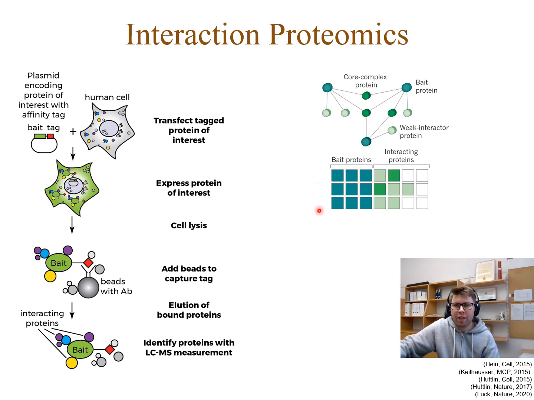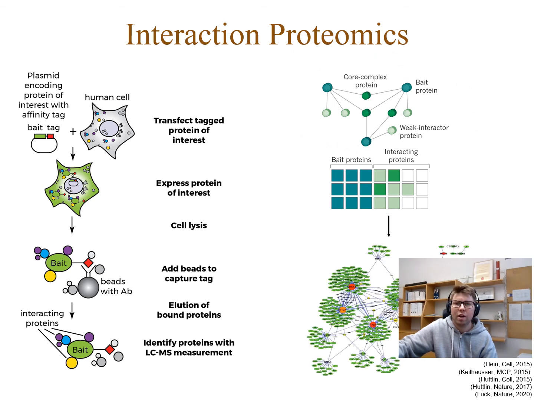By doing this with multiple baits, one can generate interaction matrices where different proteins can be categorized as weak or strong or non-interactants with specific baits. And this allows you to build protein-protein interaction networks, which is shown on a small scale up here, or on a large global scale down here.